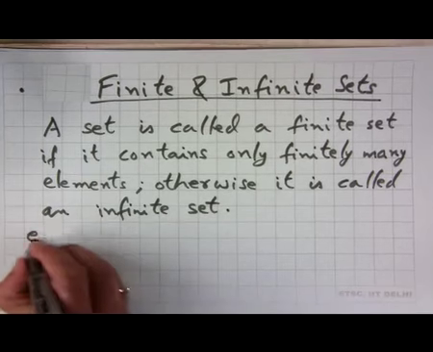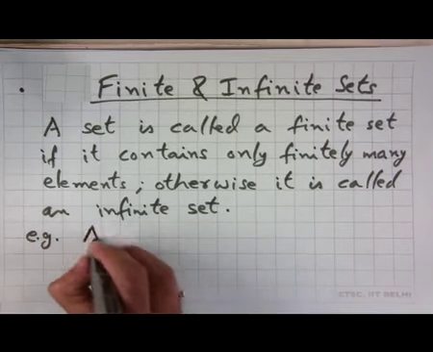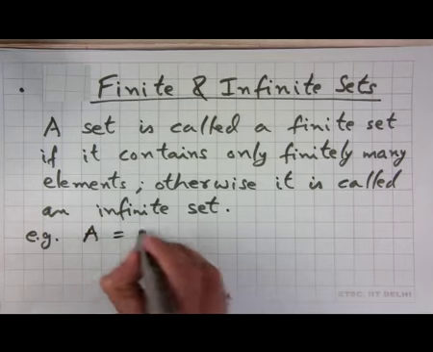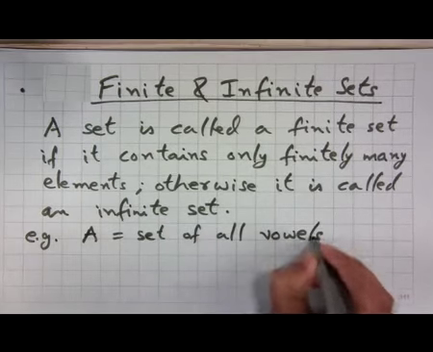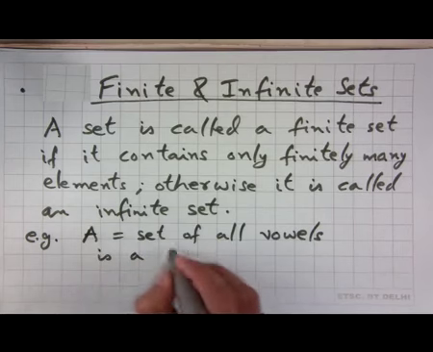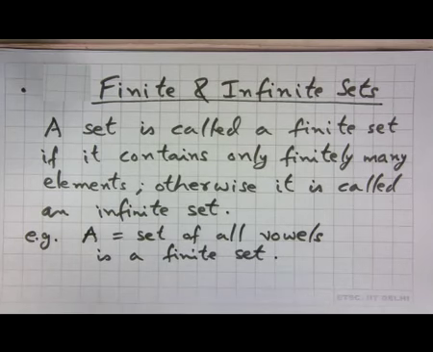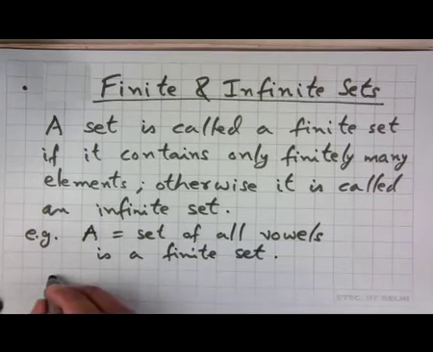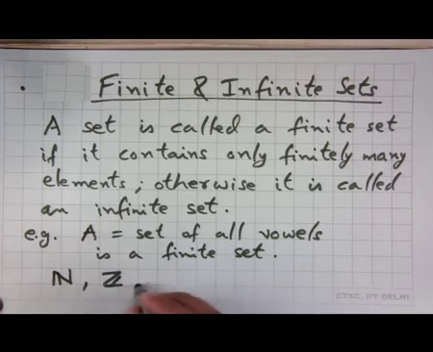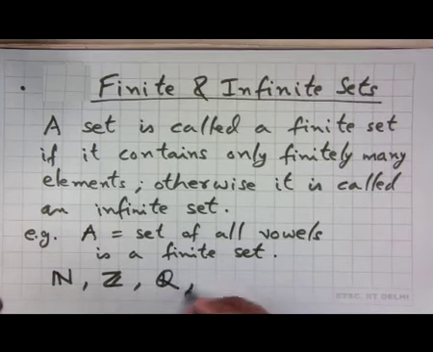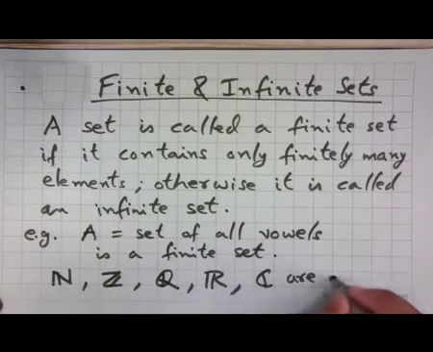So, for example, the set A, the set of all vowels, is a finite set, because it contains only 5 elements. But all these examples that I gave, the set of all natural numbers, set of all integers, rational numbers, real numbers, complex numbers, these are infinite sets.